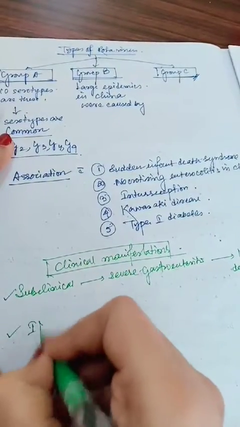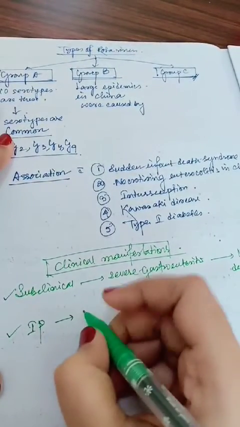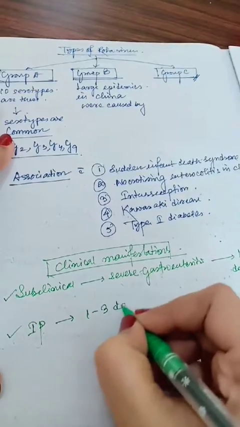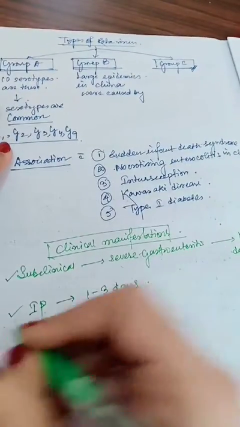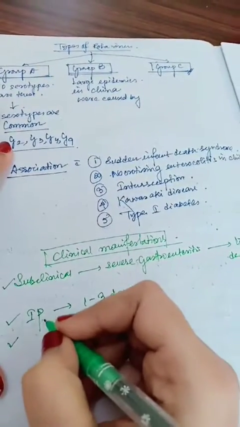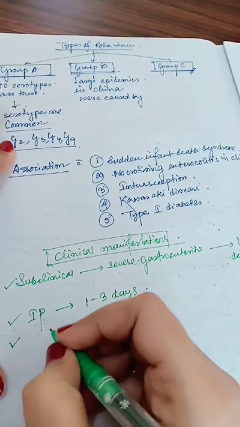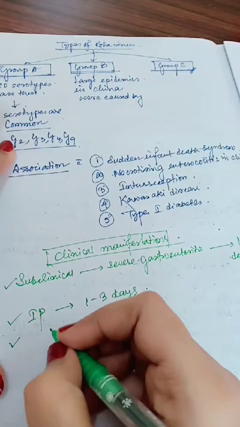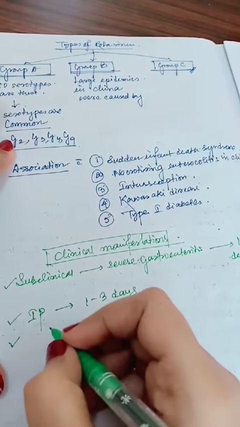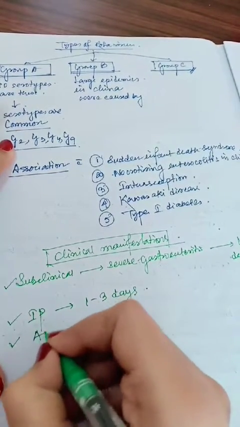Incubation period of this rotaviral infection ranges from 1 to 3 days. Abrupt onset of vomiting, diarrhea and fever more than 39 degrees centigrade. Those are the clinical features.